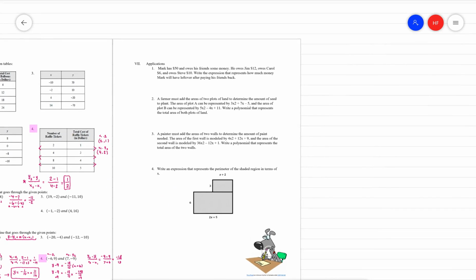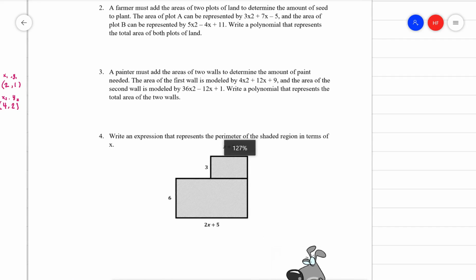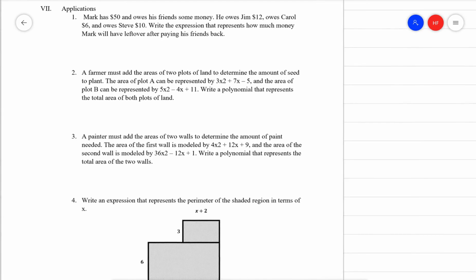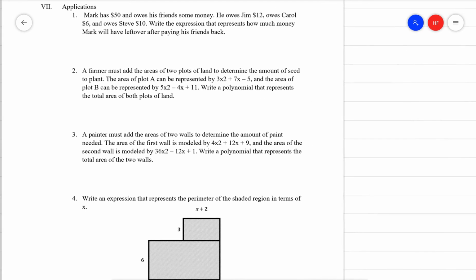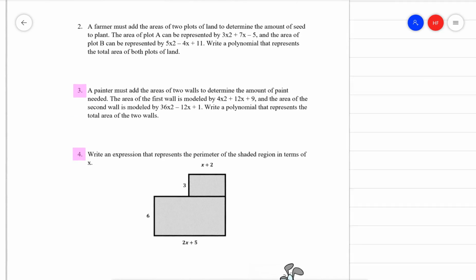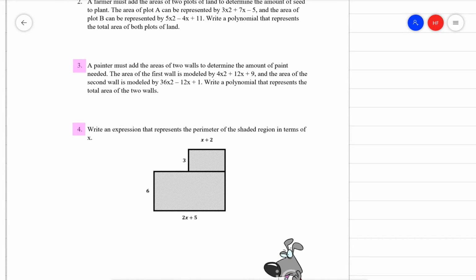And then on this final section, we have our applications, which are our word problems. We're going to do number 3 and 4. So number 3 says a painter must add the areas of 2 walls to determine the amount of paint needed.